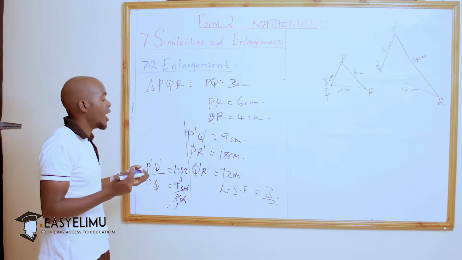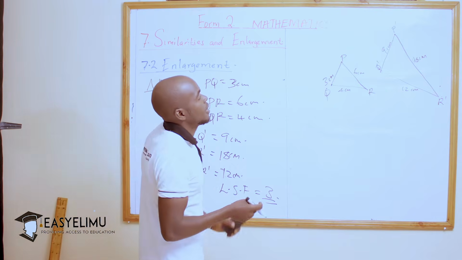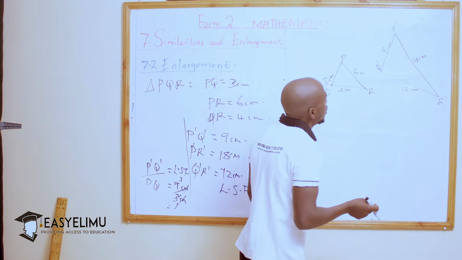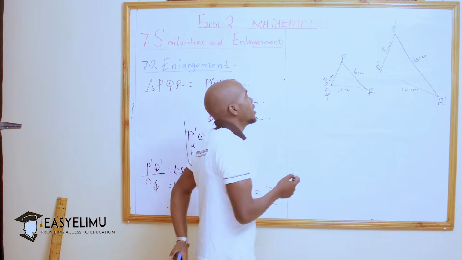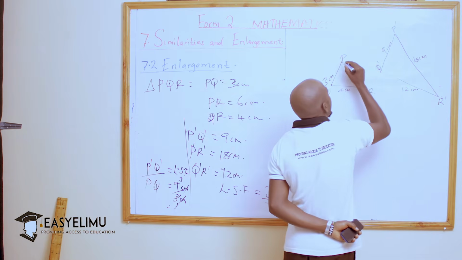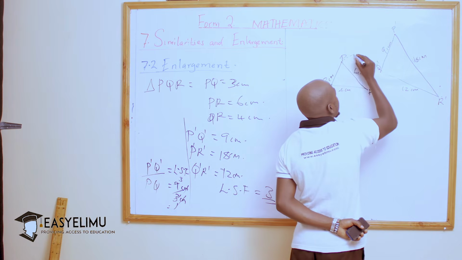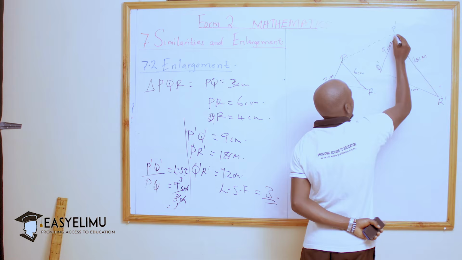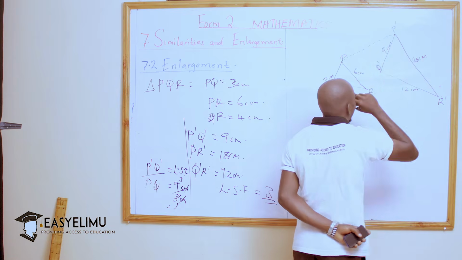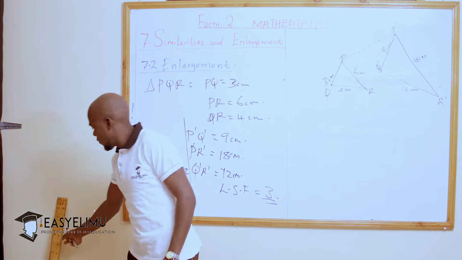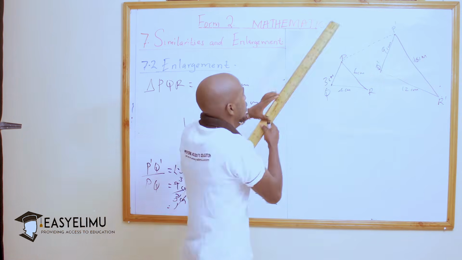So even if you haven't been given the scale factor, you could do it by joining P to P prime. Use a ruler to join P to P prime. If I say a ruler, this is what I mean.